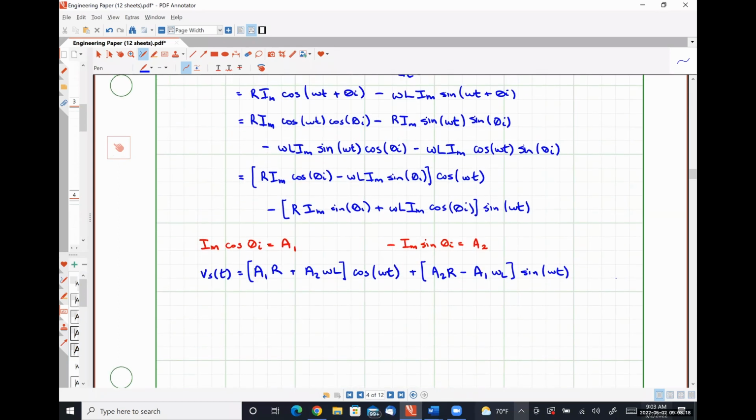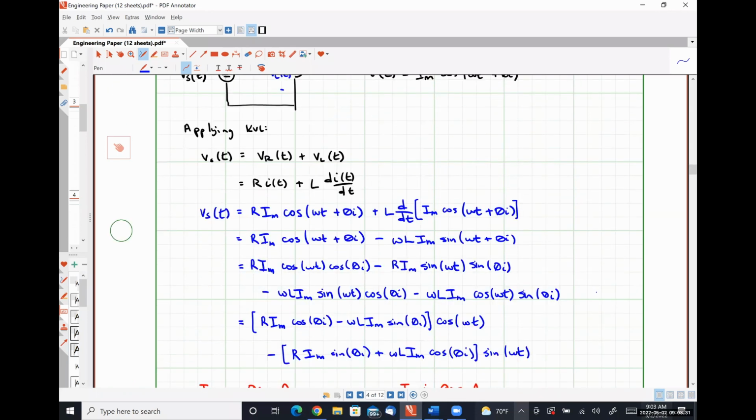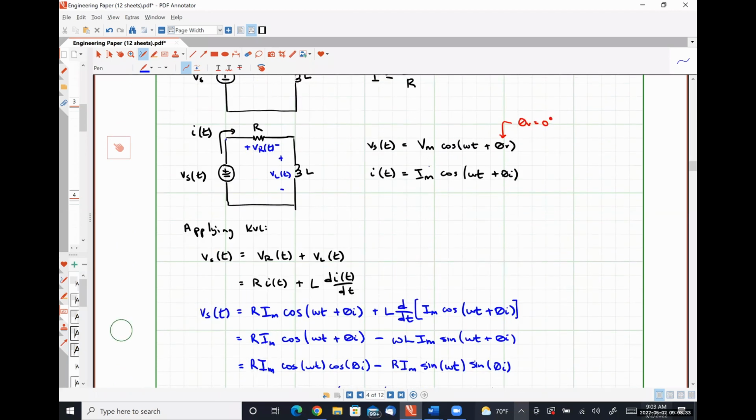All right, I'm going to leave my right-hand side alone here. I'm going to now express Vs of t in its cosine function form, right? We defined it way, way back up here as Vm cosine omega t plus 0 degrees.